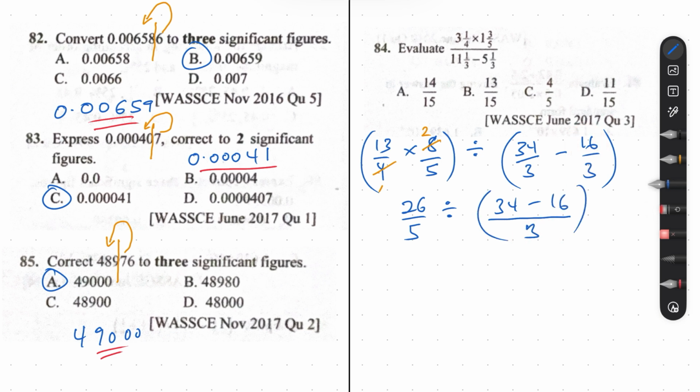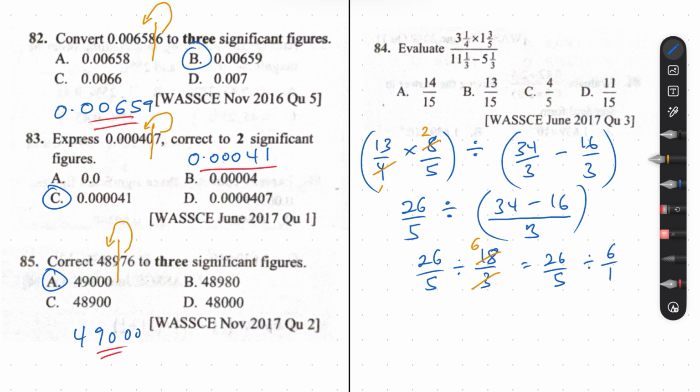So finally we have 26 over 5 divided by 18 over 3. And we know that 3 can go into 18 6 times. Okay, so this will give us 26 over 5 divided by 6 over 1.